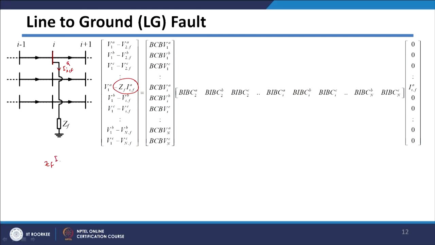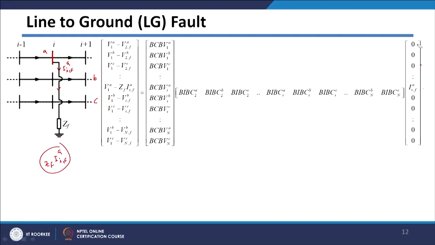So for the ith bus and A phase, these being A, B, C phases, it will be given by ZF multiplied by the fault current in A phase of the ith bus. And here only one entry will exist, because all the other currents will be negligible compared to the fault currents. All the load currents I have considered 0, as I already explained.